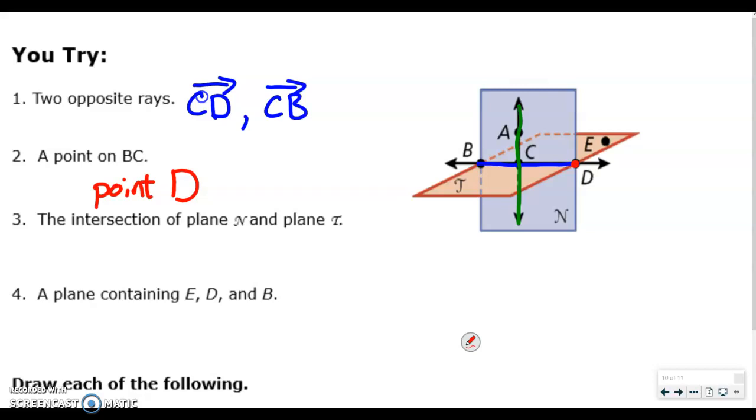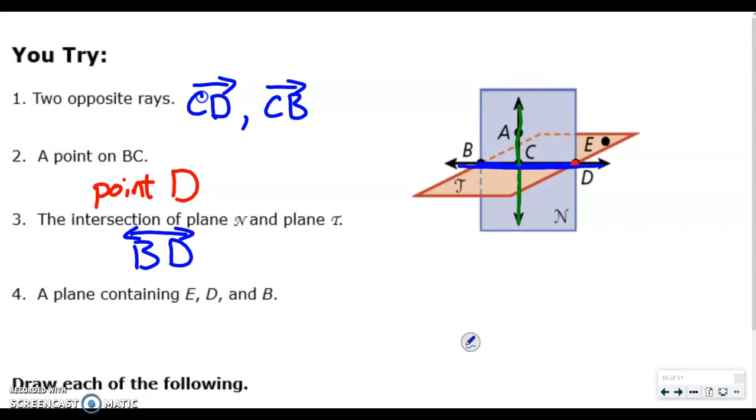Number 3, the intersection of plane N and plane T. So looking at the intersection of two planes is going to be a line. And that line is our blue line there. Line BD. That's our intersection of the two planes. Line BD.